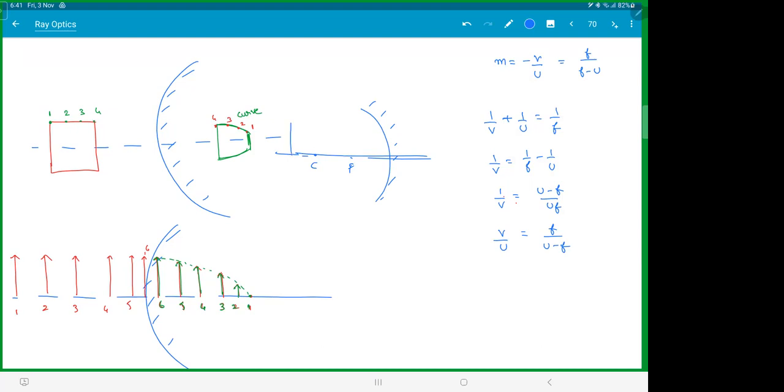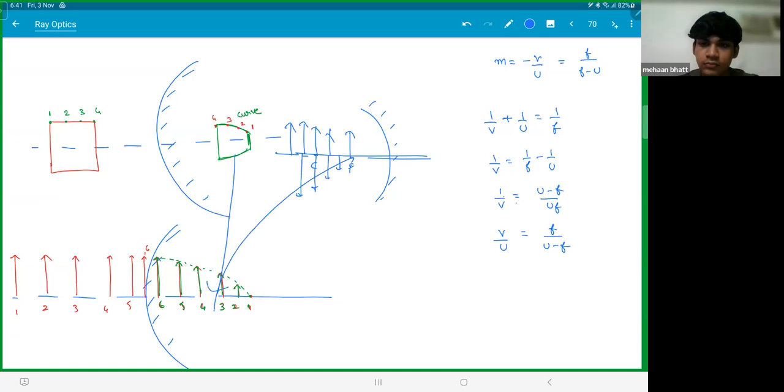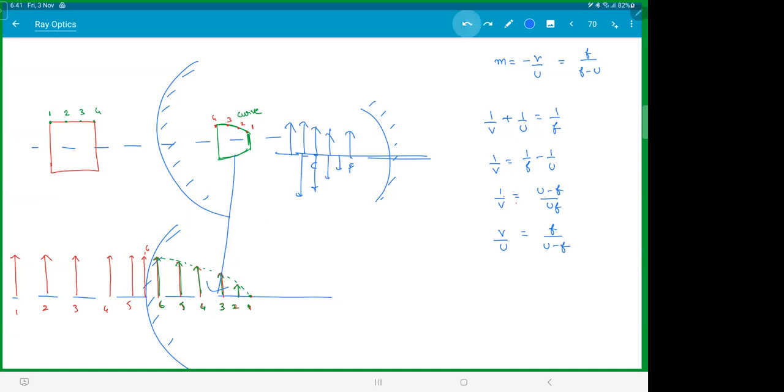So if you are here, where will the image be? It will be like this, right? If you are here, like this. If you are here, it is like this. In this case, see, as you get to the focus, what will happen? The image will go to infinity, isn't it? In this case, it will blow off like this. Okay. Getting it? That was also good actually. You can draw that also.